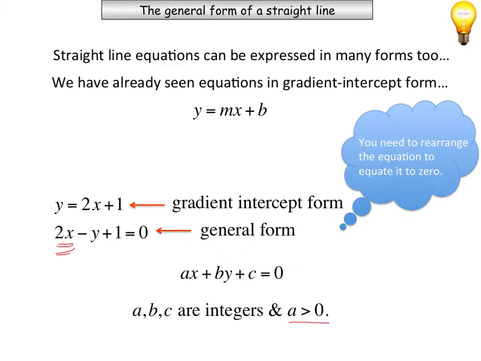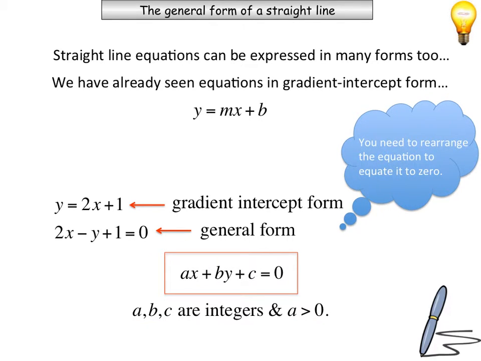So this part here means that a is greater than 0, so the coefficient of x is going to be a positive number. And we don't work with fractions, so a, b, and c all have to be a whole number or an integer. So basically it's just another way to write a straight line. So that's an equation, so is that, and they express a straight line.